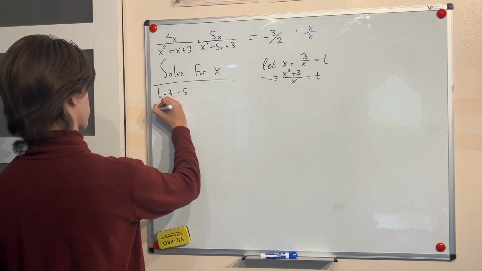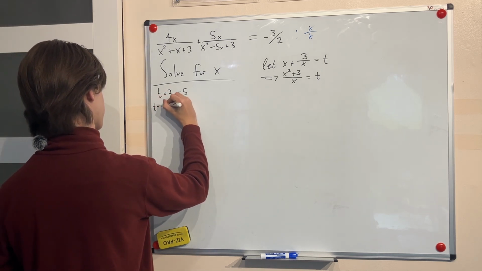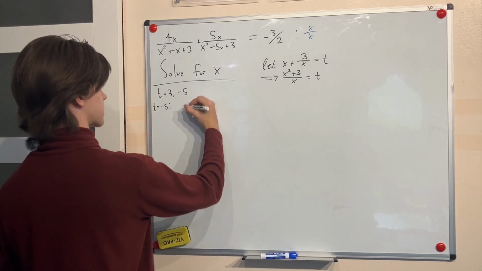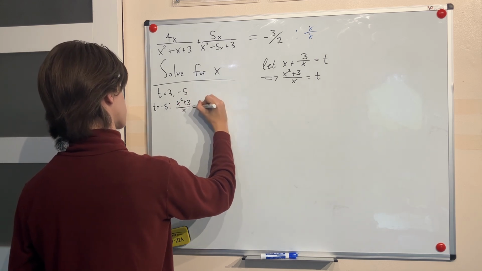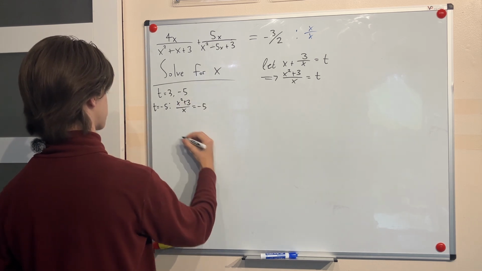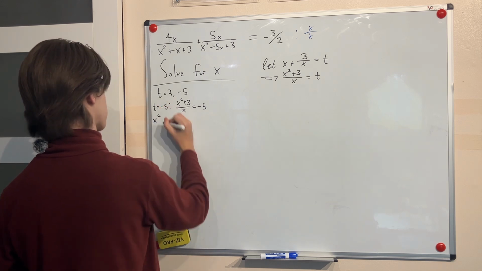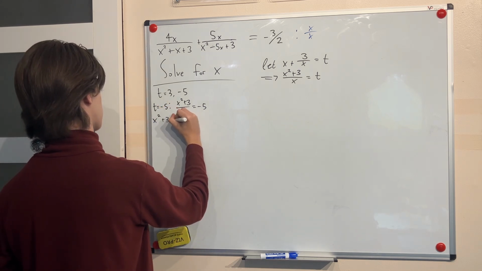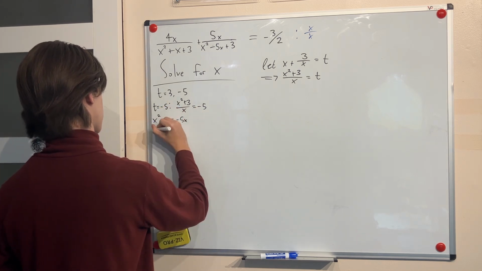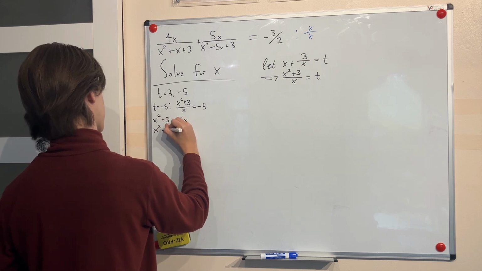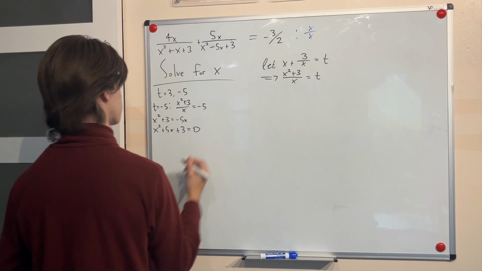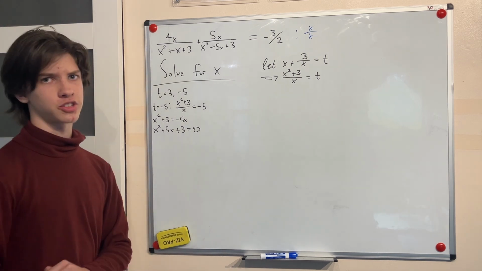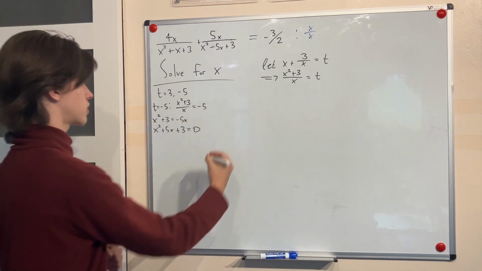For t equals minus 5, we get that x squared plus 3 over x is equal to minus 5. So that means x squared plus 3 is equal to minus 5x, or x squared plus 5x plus 3 is equal to 0. And from this, we can just use the discriminant, because this does not factor nicely.